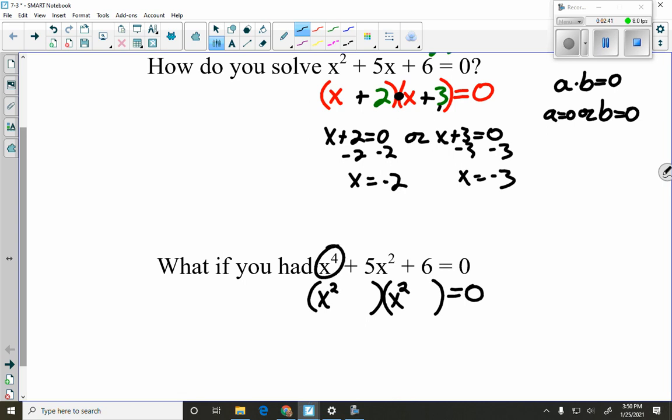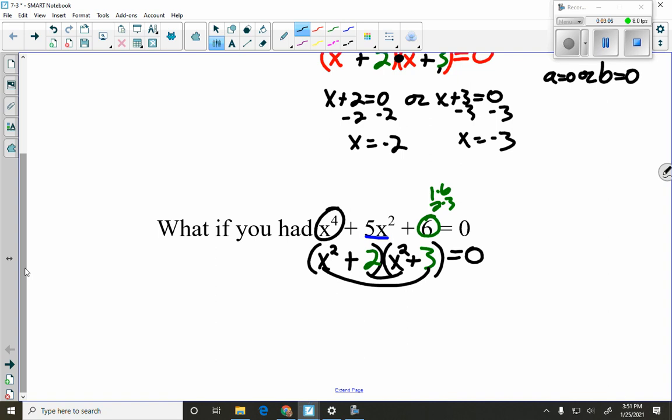Sure would. What about 6? Could I still use 1 times 6 or 2 times 3, and say it's going to end up making this 5x squared, so let's put a 2 and a 3, and because they're both positives, there have to be pluses? Sure. Does 2x squared plus 3x squared make 5x squared? Sure does. So it is factored correctly.